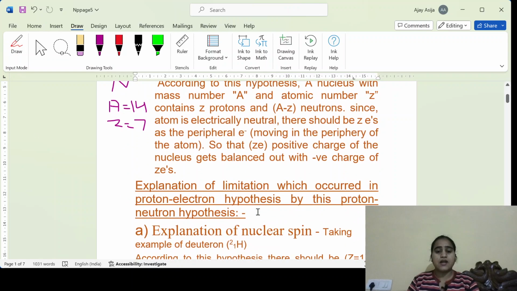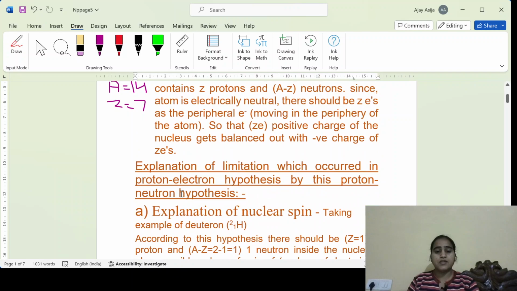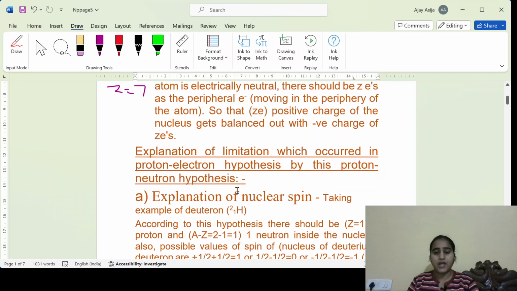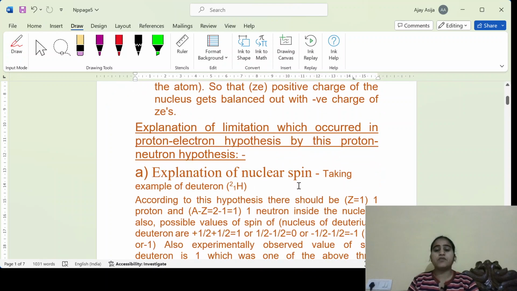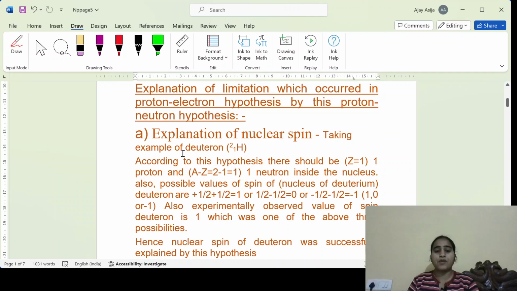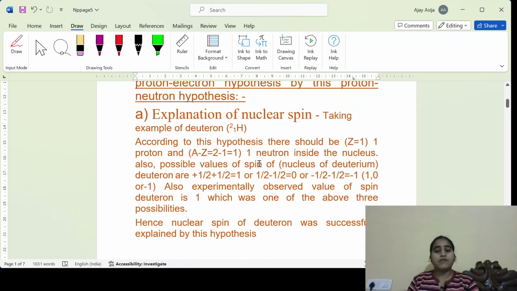So let us see how this hypothesis, the proton-neutron hypothesis, explained the limitation of the proton-electron hypothesis. Explanation of nuclear spin. We will take the example of deuteron. Deuteron has mass number 2 and atomic number 1. So according to this hypothesis, it should have 1 proton and 1 neutron inside the nucleus.